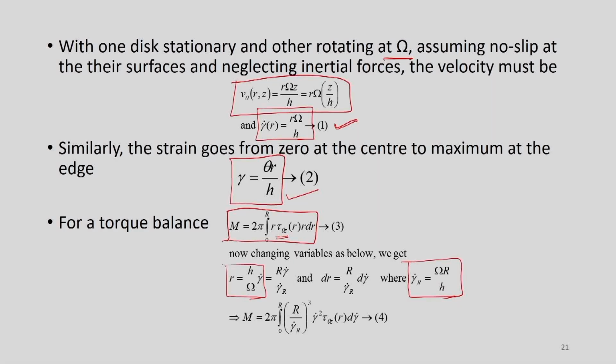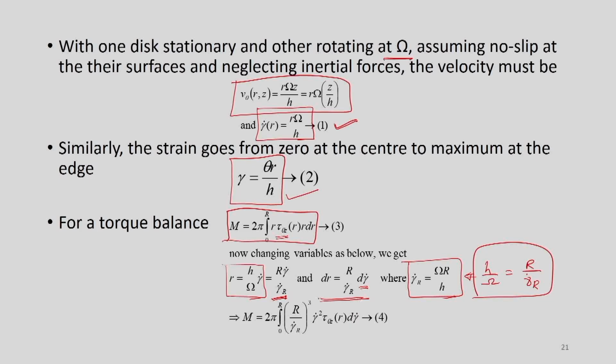So h by omega equals capital R by gamma dot R. Substituting this, r equals capital R gamma dot by gamma dot R. Similarly, dr equals capital R by gamma dot R d gamma dot, because capital R and gamma dot R are constants, whereas gamma dot is changing with radial position.